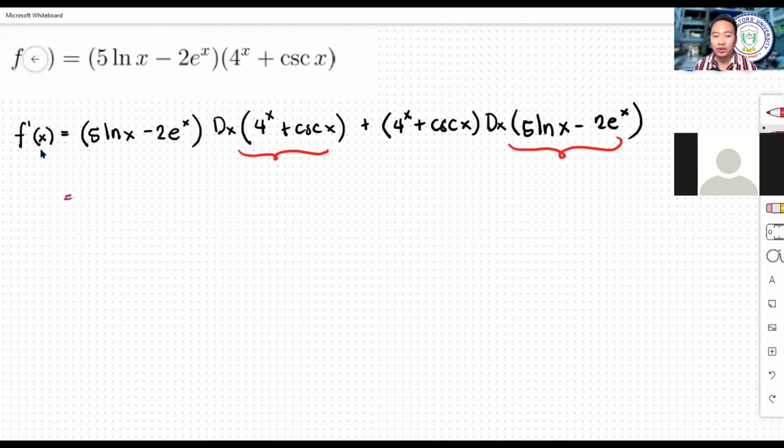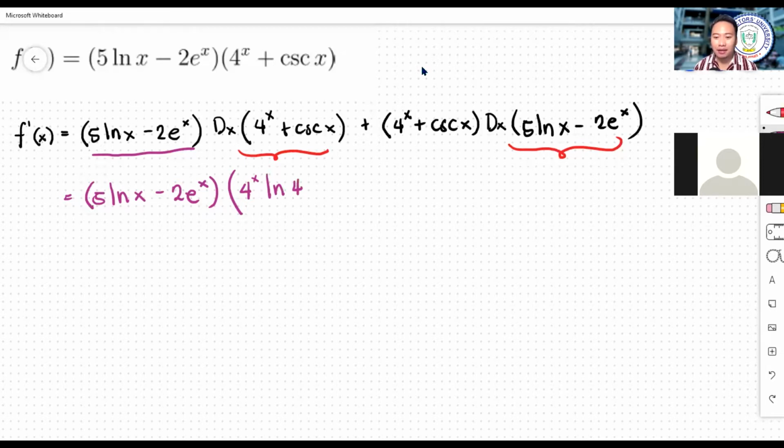We are not going to do anything with this one here, so we are just going to copy that minus 2e to the x, times the derivative of this one here. What is the derivative of 4 to the x? Is it 4 to the x ln 4? Right?